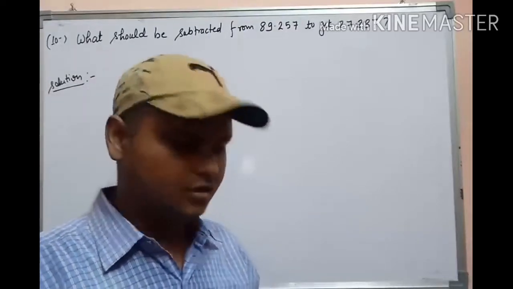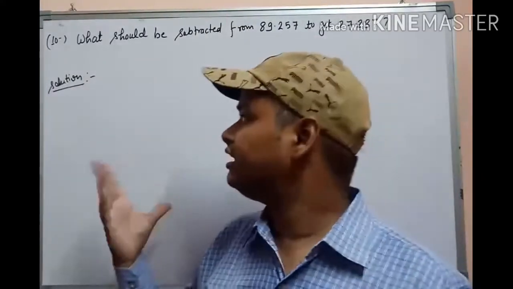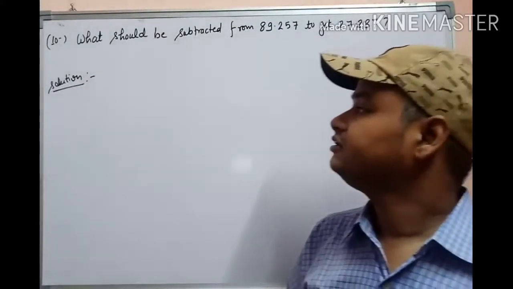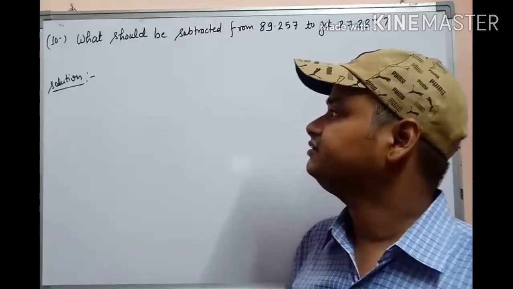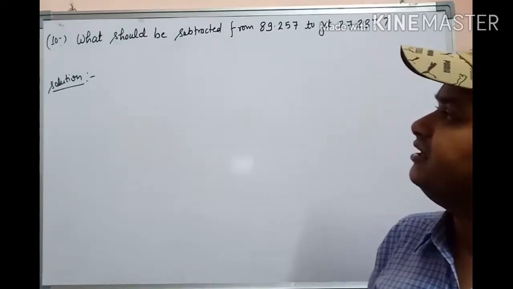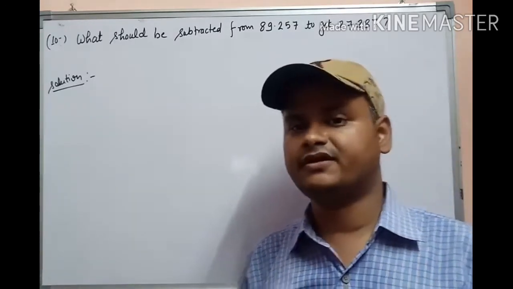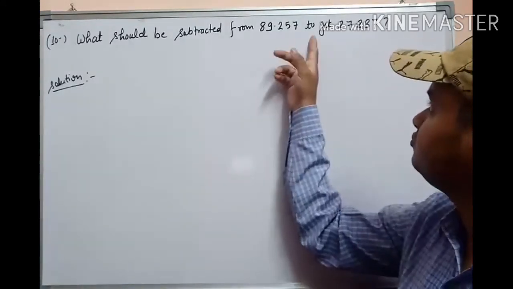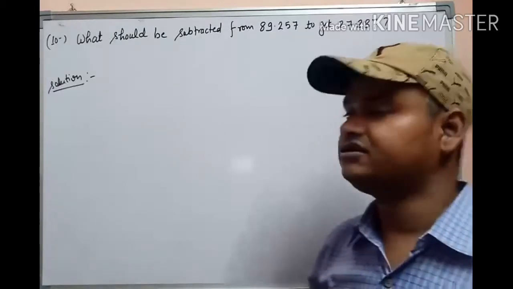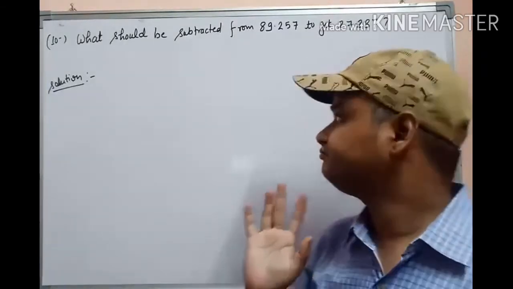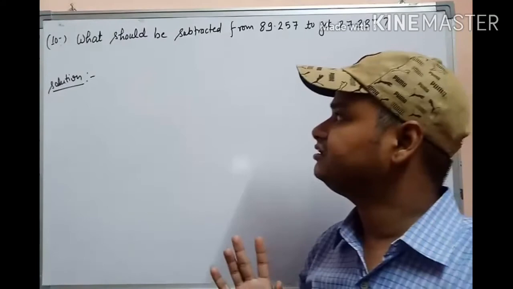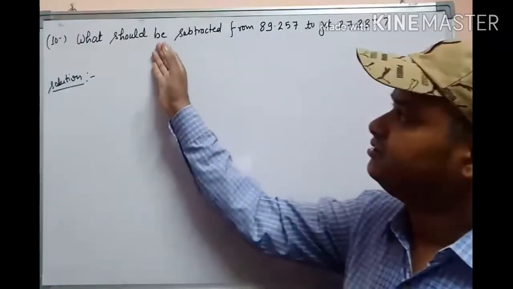Okay students, now we will move on to the last question of this recap exercise. Question number 10 is asking what should be subtracted from this to get this. This question is based on finding the unknown quantity. It means what should we subtract from this so that we get this. So let us assume the required number to be x.